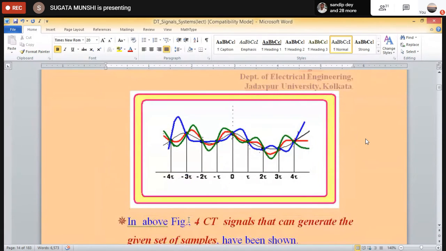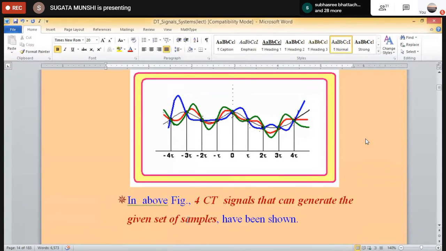So I have only drawn 4 possibilities. There can be infinite number of such possibilities.